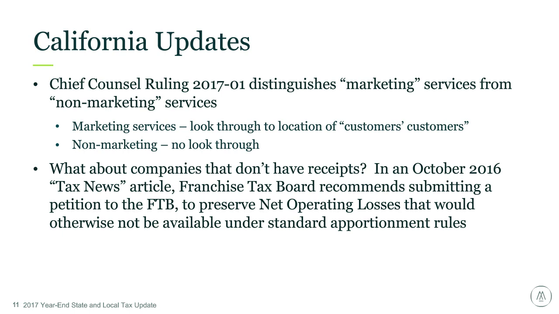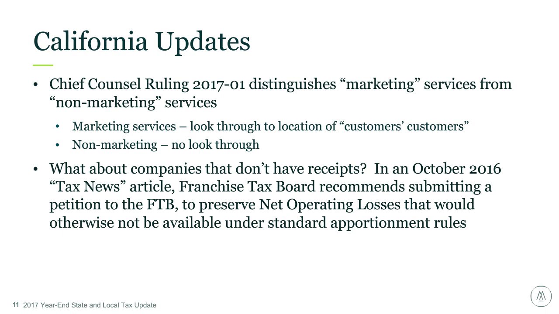Even though a mathematician might say 0 over 0 is an undefined number, California says 0 over 0 is 0. So in this situation, California has actually recommended that taxpayers submit a petition to the Franchise Tax Board asking for a better result than 0, because they recognize that this is a problem for startup companies.